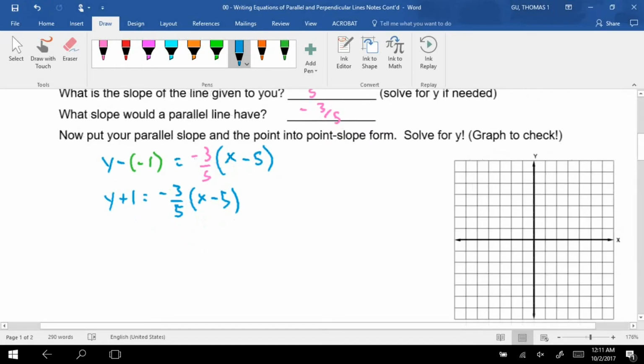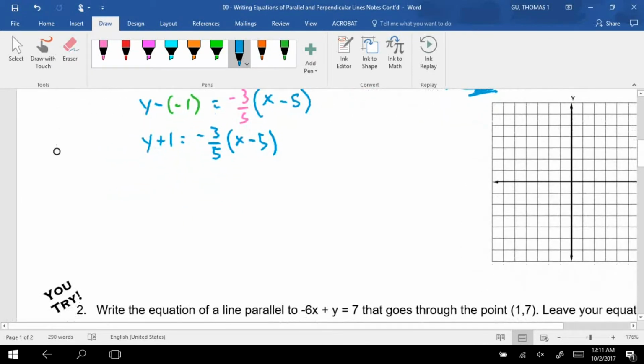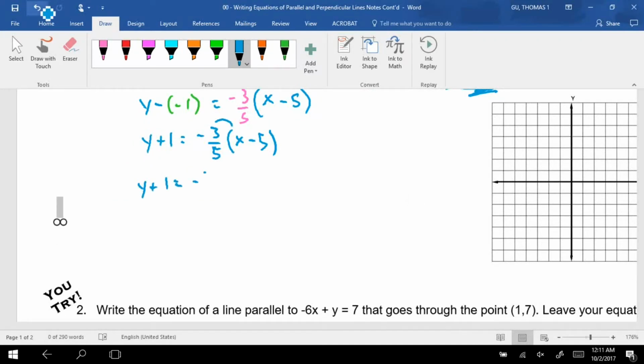Now it tells us to solve for y. So y plus 1 equals, we're going to distribute first. What's -3/5 times x? All we have to do is tag on the x: -3/5x minus, what's -3/5 times -5? Negative times a negative is going to be a positive.